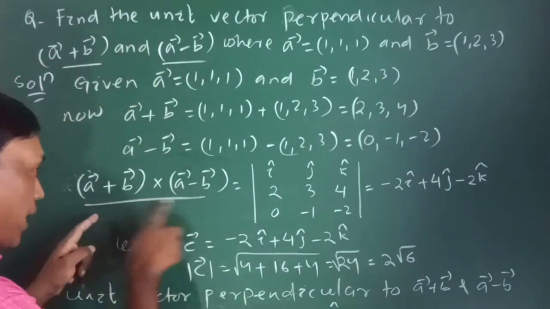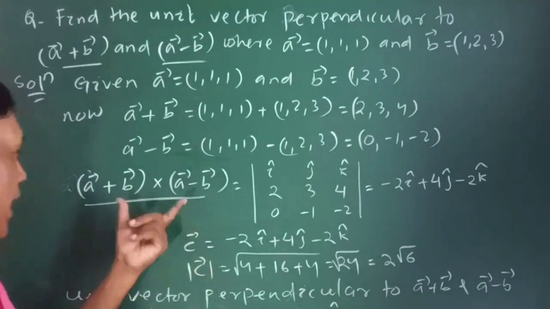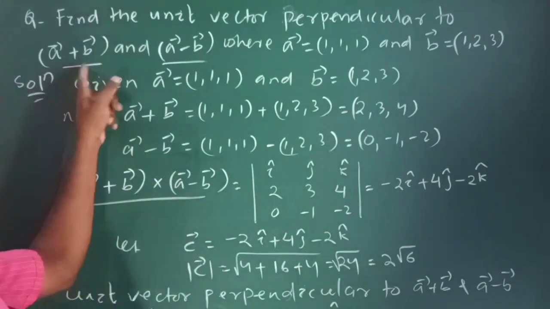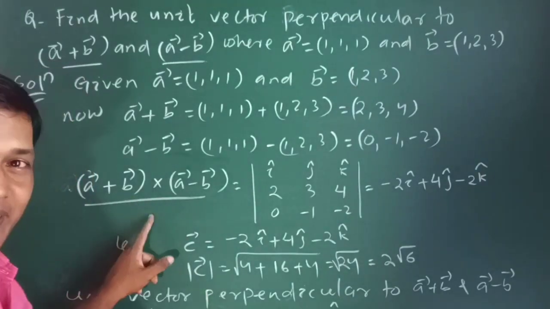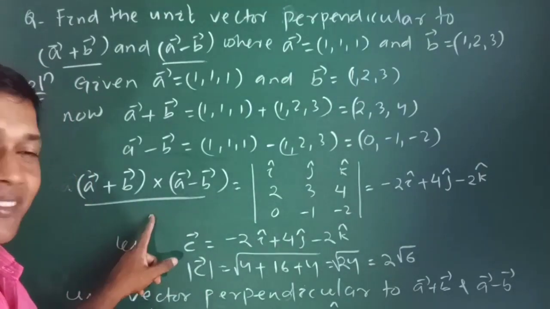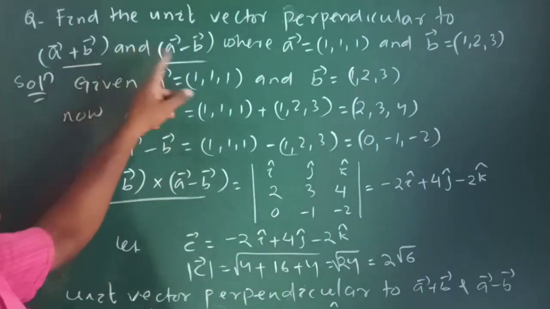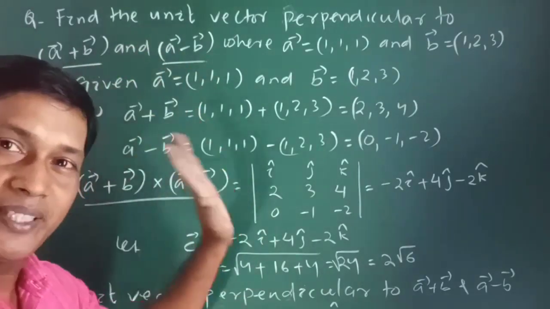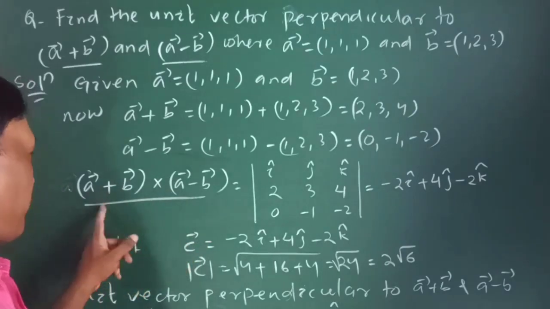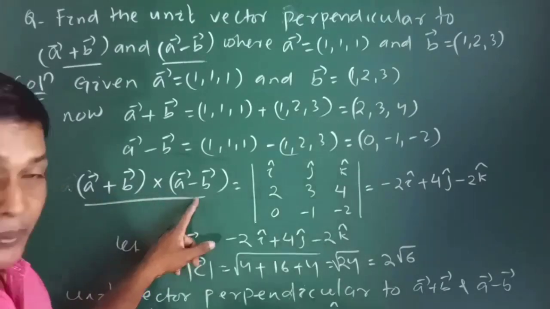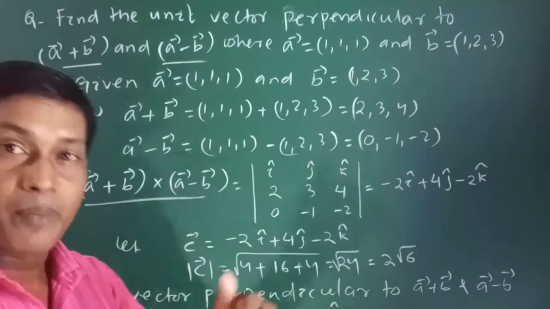This vector is perpendicular to these two vectors A plus B and A minus B. So first find this vector. As this vector is perpendicular to both, then the unit vector in this direction is the unit vector perpendicular to A plus B and A minus B. So first find the cross product. A plus B cross A minus B, as you know, i j k in determinant form.